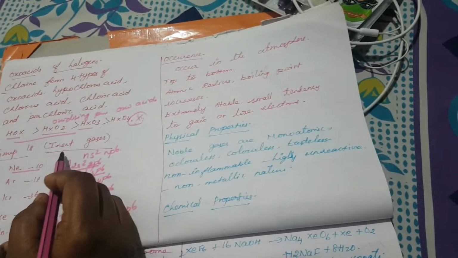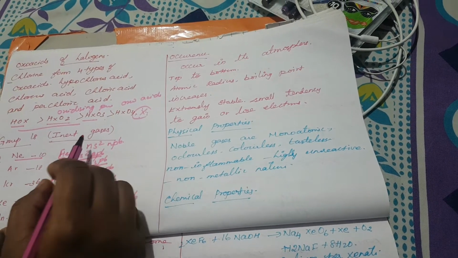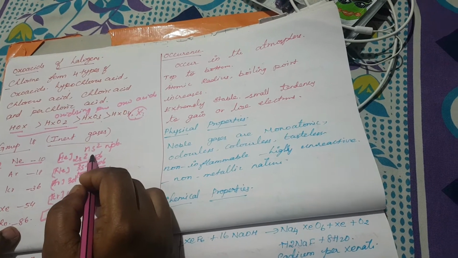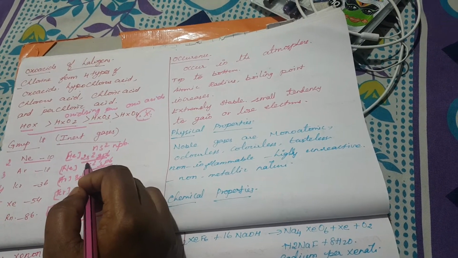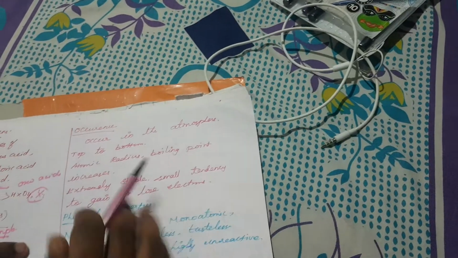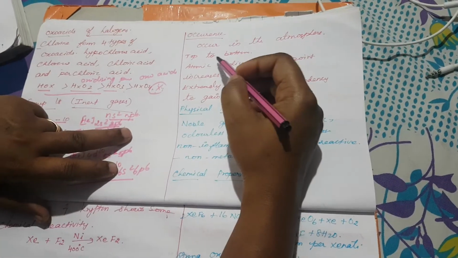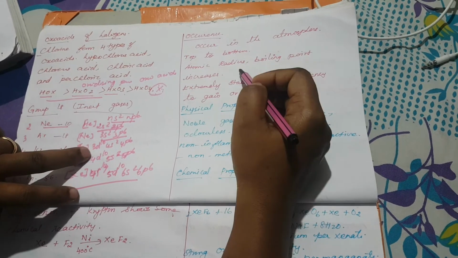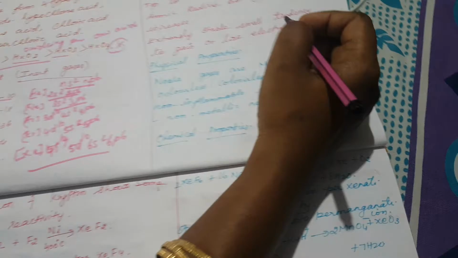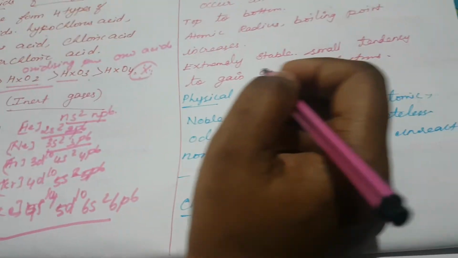The name itself indicates it is inert. It does not react with other compounds, so it is called inert gases. The outermost shell contains ns2 np6. They occur in the atmosphere. Atomic radius and boiling point increase down the group. It is extremely stable, with a small tendency to gain or lose electrons.